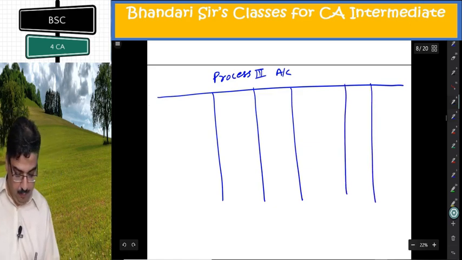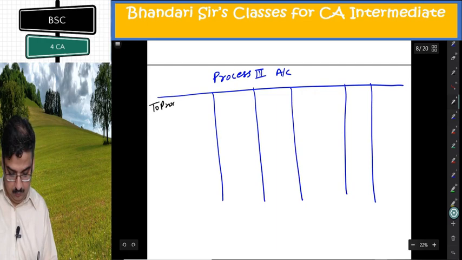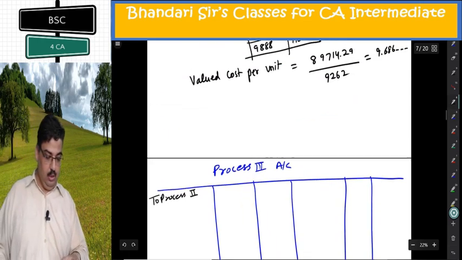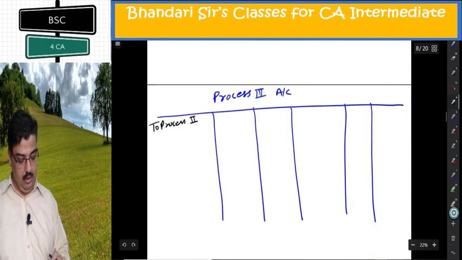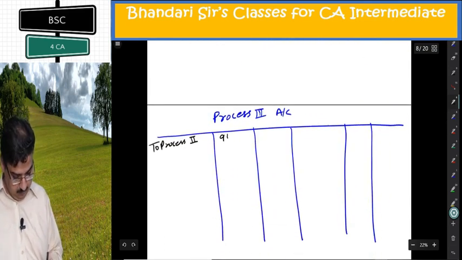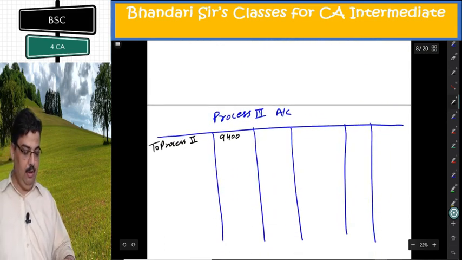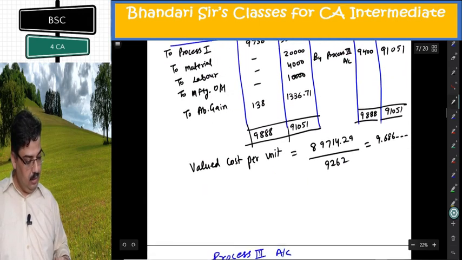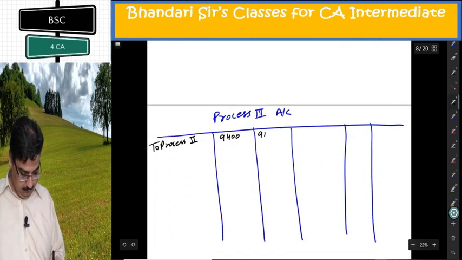I receive from process 2 the units I received, 9400, and the valuation we did, 91051.